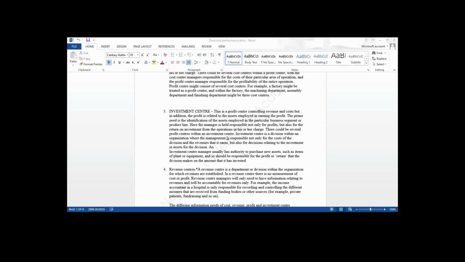That is return on investment. We can relate the profit achieved to the investments made by the investment center. Please note, a division can be an investment center, but a division can never be a cost center.